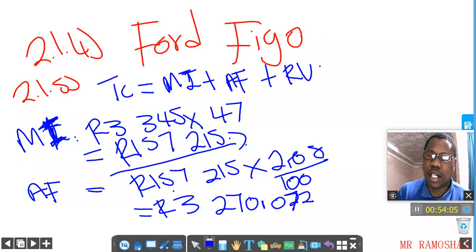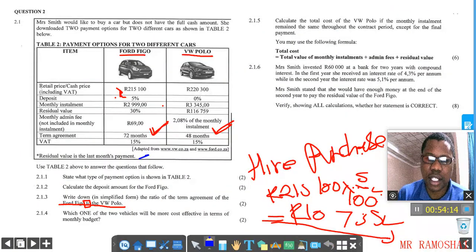Then how much is our residual value? Let's check if it's going to be calculated or it is already given. So the residual value for the VW Polo is now 116,759.